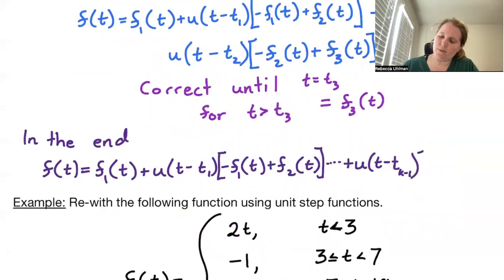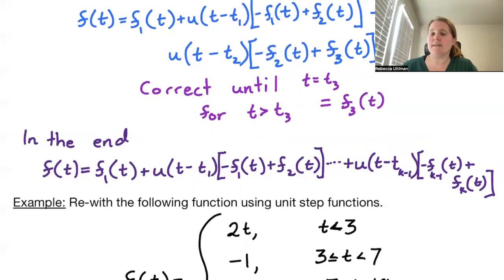And then we should multiply that by negative f sub k minus 1 of t plus f sub k of t. So each time we go for our next step, we subtract off the previous function and add on our target. So this is how we'll go about doing this.